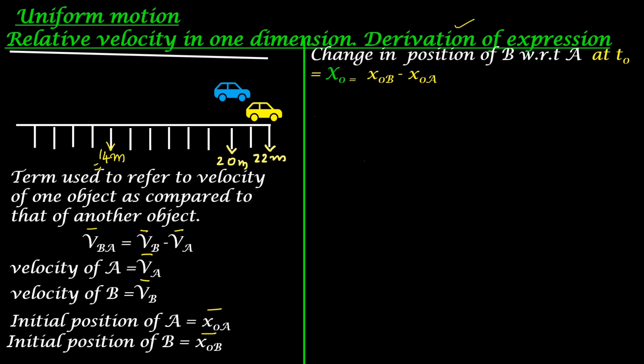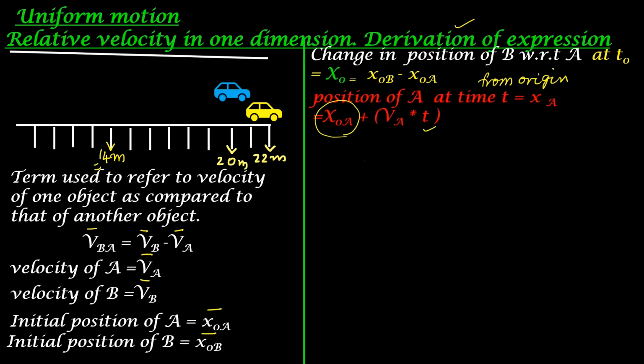Here we have taken the unit as second. So, t seconds. Position of A after t seconds, let us take it as xa, will be equal to x naught A, that is the initial position, plus velocity of A, that is VA, into time t. xa is the position of A at time t, x naught A is the initial position, VA multiplied by t is its displacement during time t seconds.